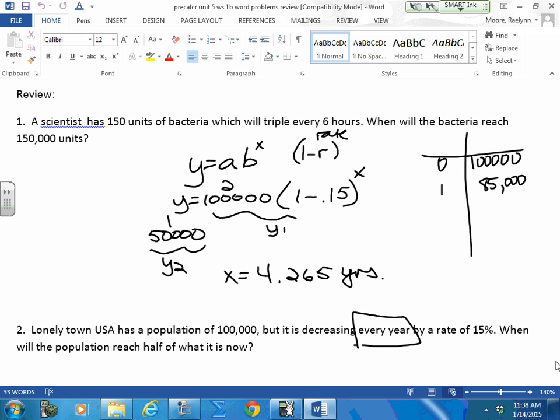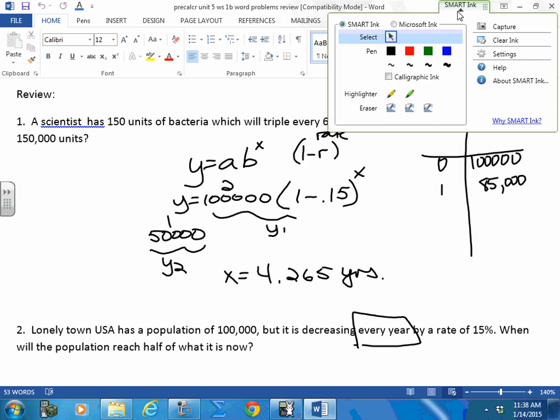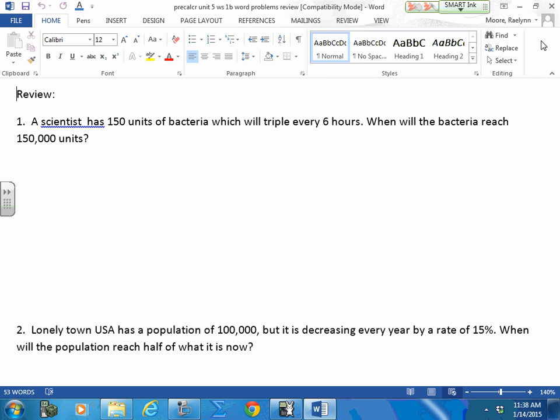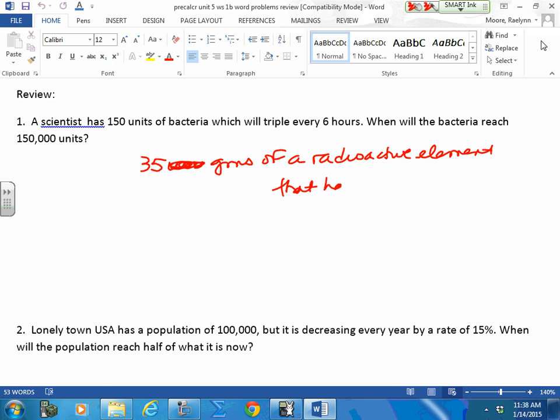Okay, let's do a half-life. A scientist starts out with 35 units, or 35 grams of a radioactive element that has a half-life of 15 years.